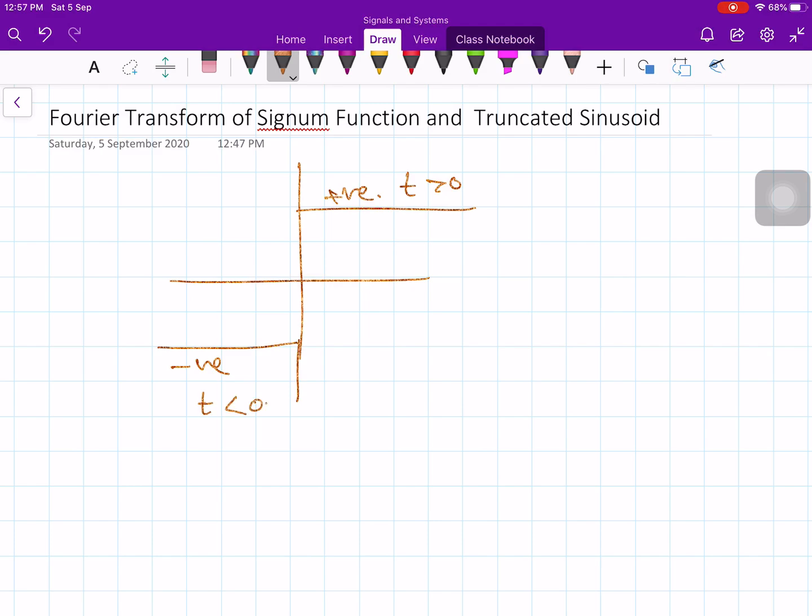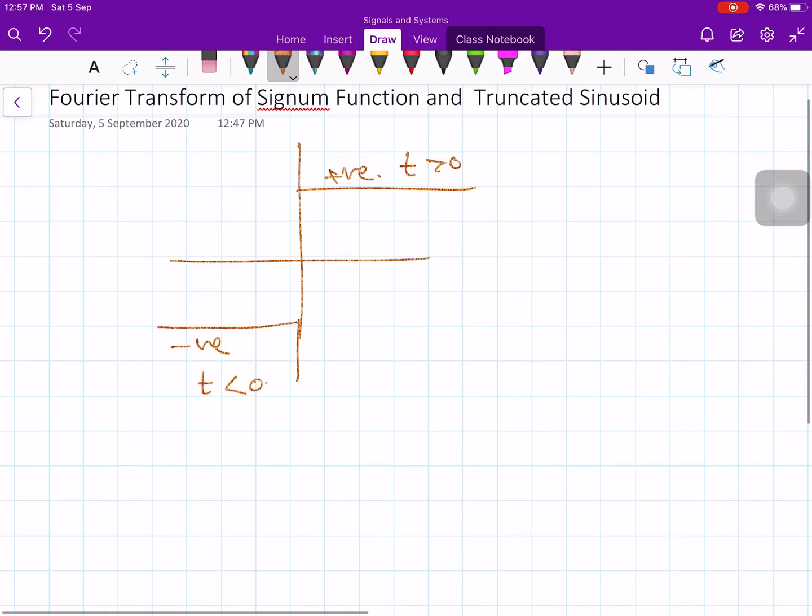Let me denote this amplitude as 1 and this amplitude as minus 1. A function like this is defined as a Signum function, and it is usually denoted by SGN, in short form, Signum of t.